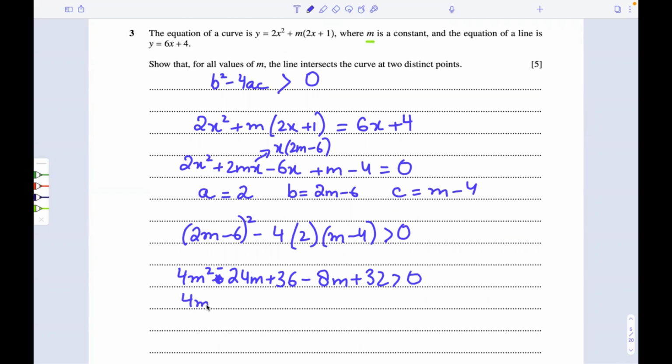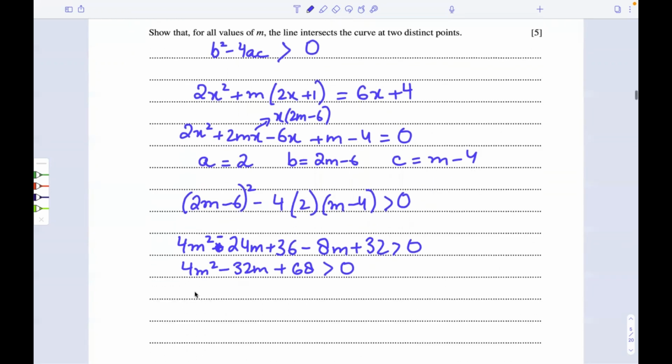Simplifying, we get 4m squared minus 32m plus 68 is greater than 0. We can divide the whole equation by 4, and we get m squared minus 8m plus 17 is greater than 0.